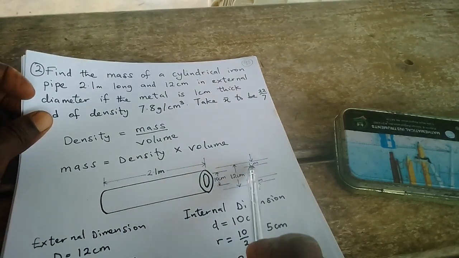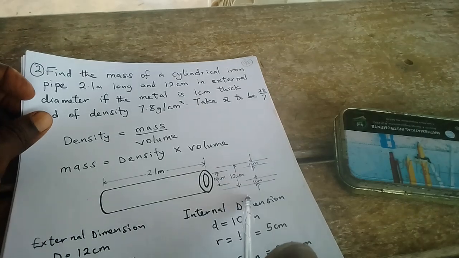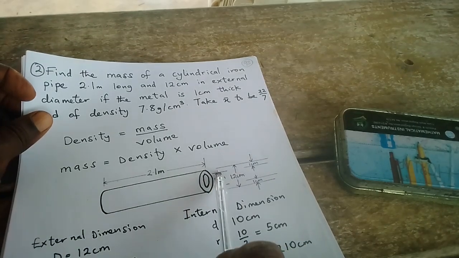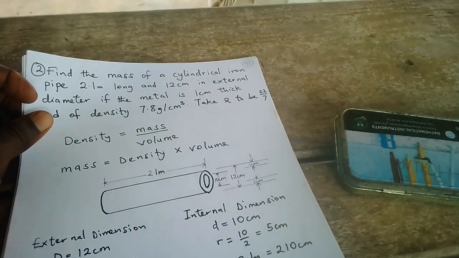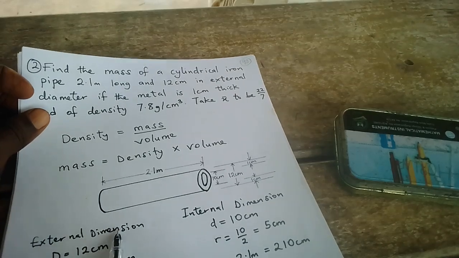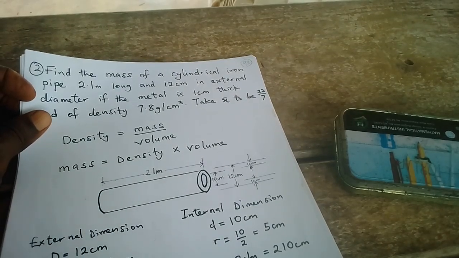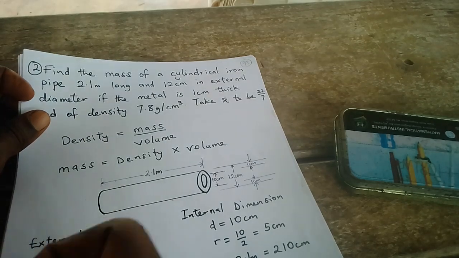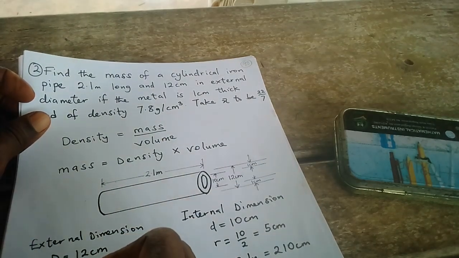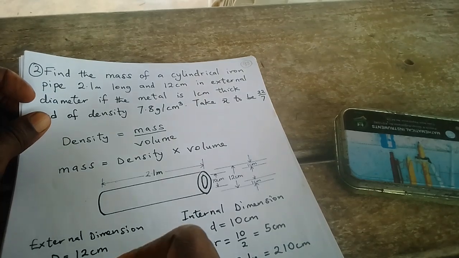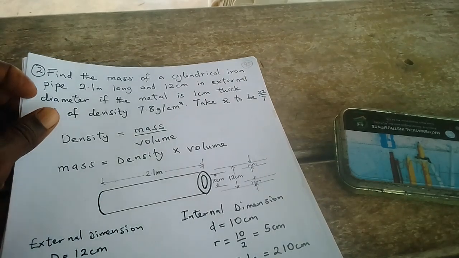So if you remove one from each side of 12, we get 10 centimeters. The external diameter is 12 centimeters, so the radius is 12 divided by 2, which is 6 centimeters.